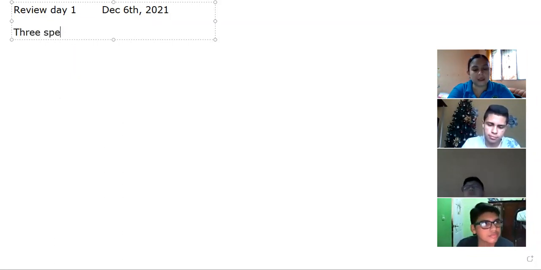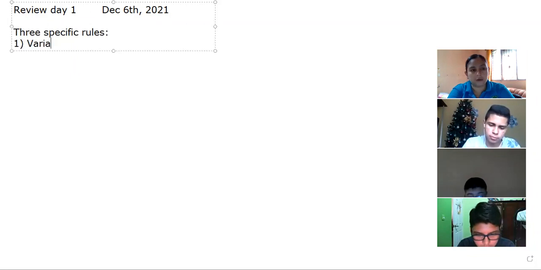So remember, we have 3 specific rules for inequalities. Which ones are they? Well, inequality rule number 1 would be that variables should always be on the left side.